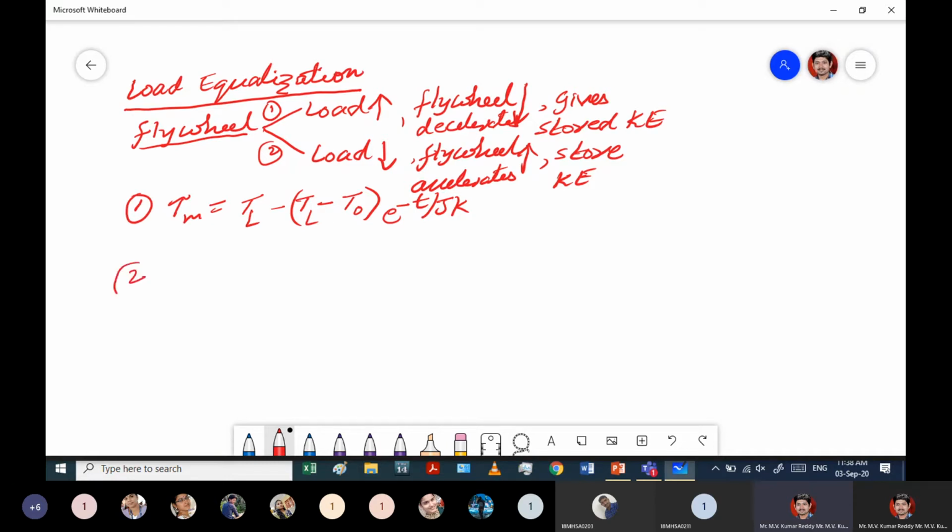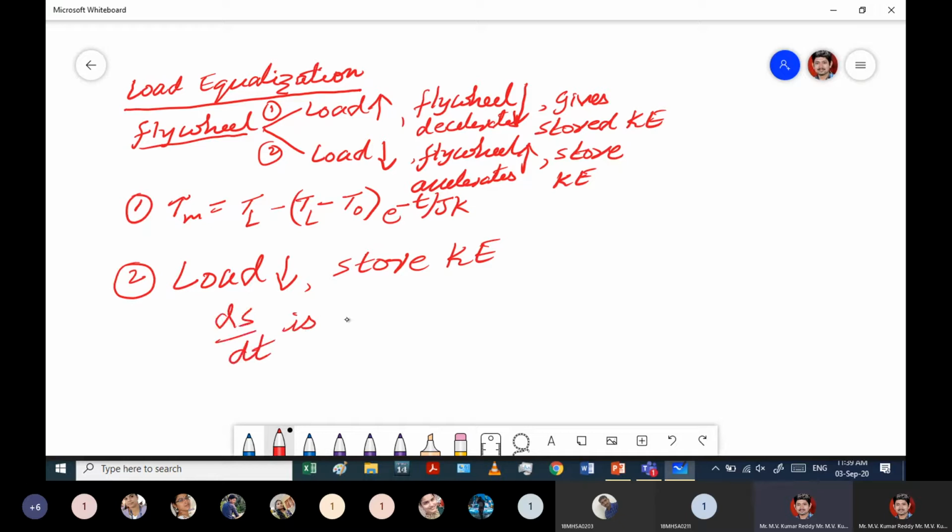Now in the second condition, the load is decreased and the flywheel accelerates and stores kinetic energy. While storing kinetic energy, the slip is negative.